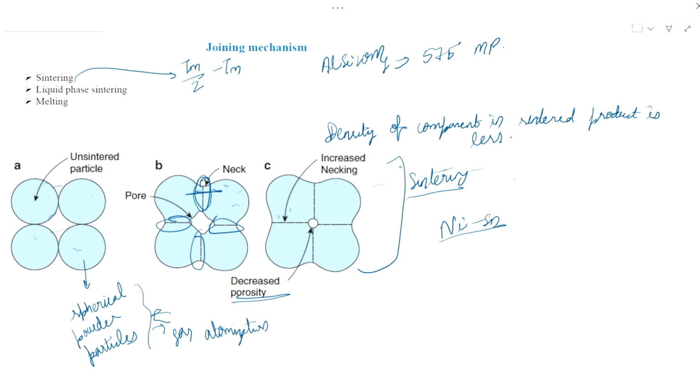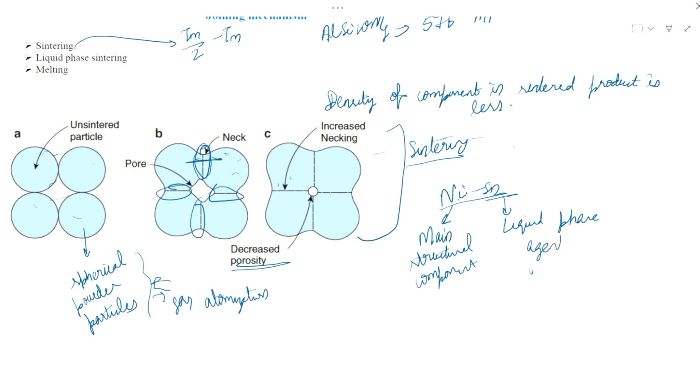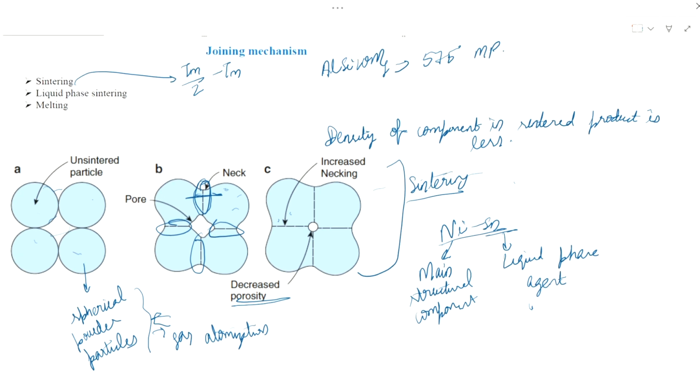So here nickel is the main structural component, and tin is the liquid phase agent. This will increase the rate of reaction during the sintering process.